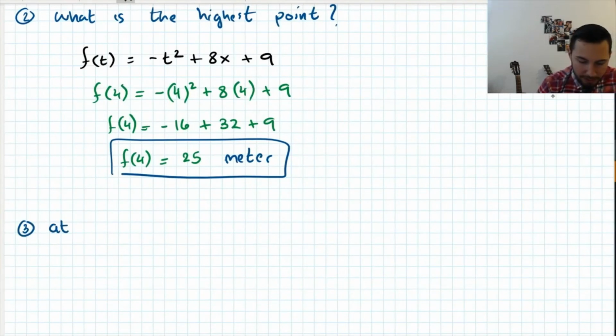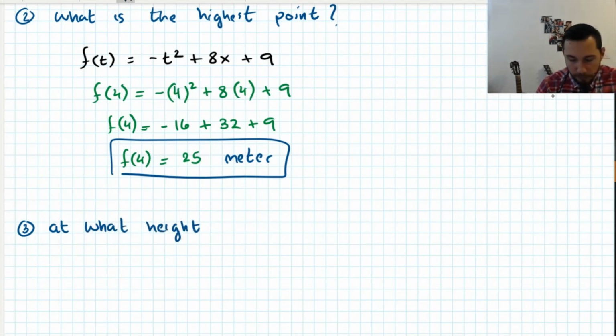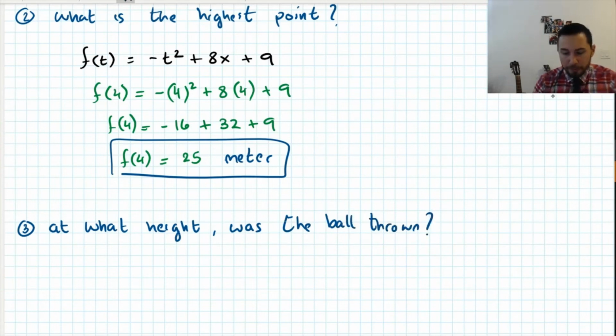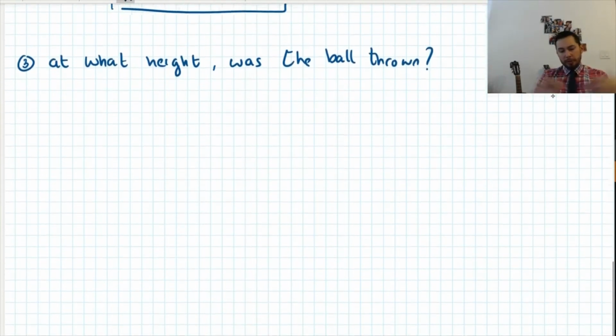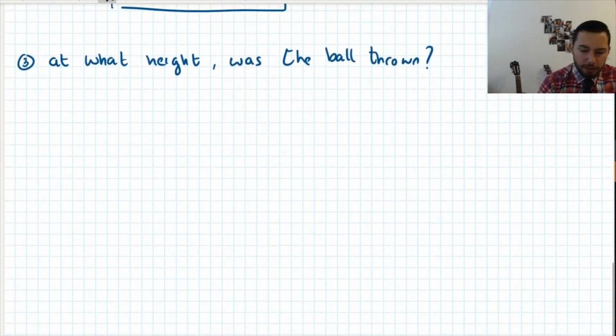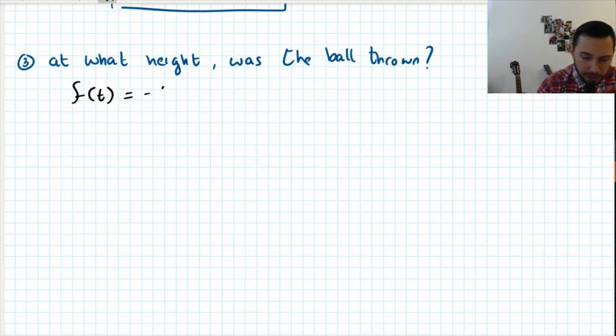At what height was the ball thrown? Again, let's rewrite the function that we had. So our quadratic equation was f of t is equal to negative t squared plus 8t plus 9.